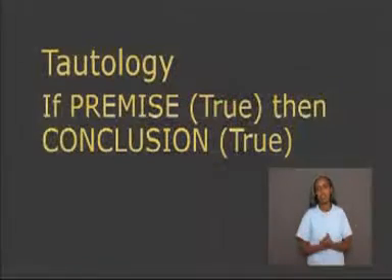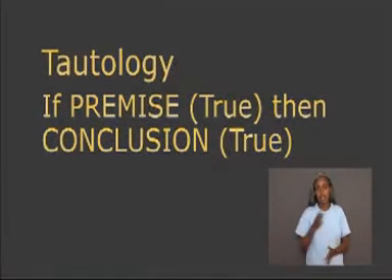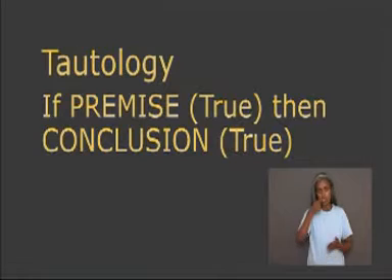An argument is valid if and only if the conjunction of all the premises always implies the conclusion. If we assume that the statements in the premises are all true, then a valid argument's conclusion must be true.